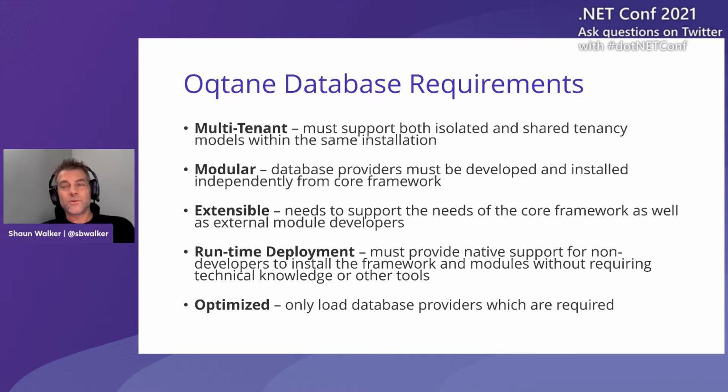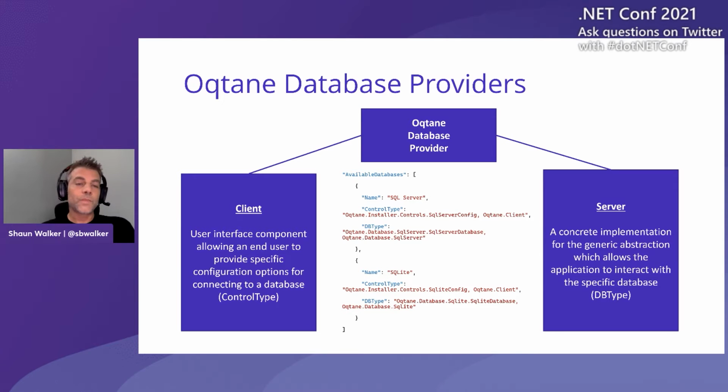So it doesn't require you to install a bunch of things that you're never going to use within your application. You typically would only install those dependencies that you actually need. And so in the case of database providers, we didn't want to force people to actually install support for multiple databases if in fact they were only going to use one database. So that was a key aspect of this as well.